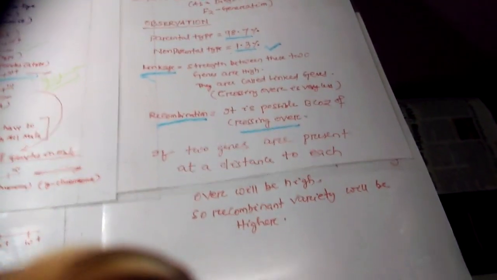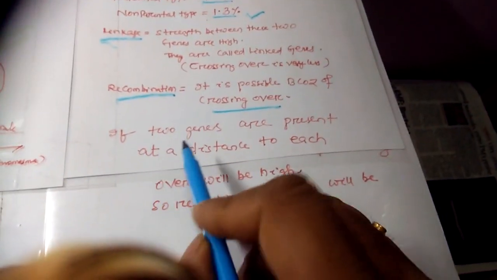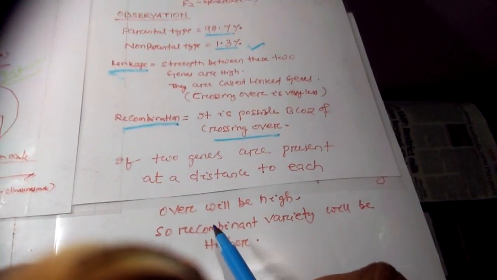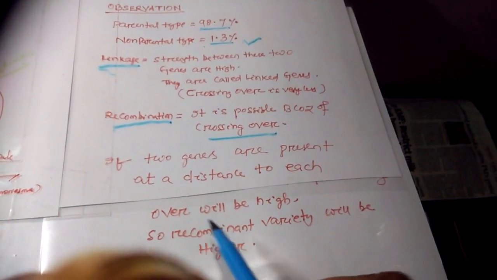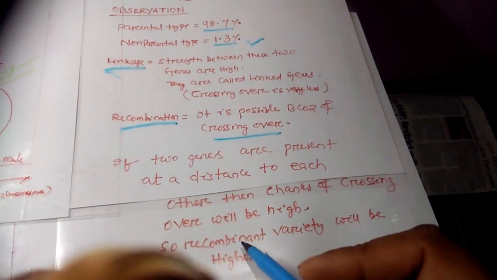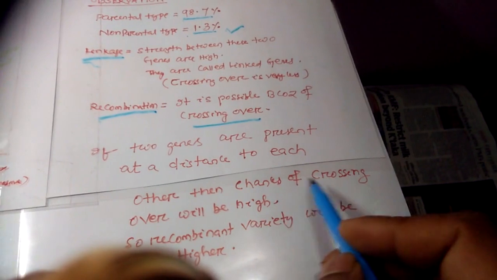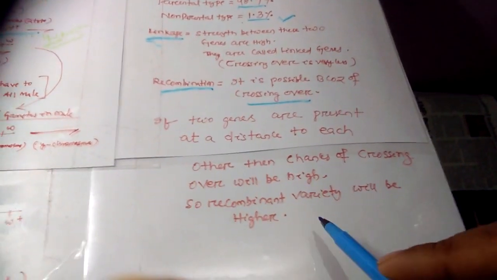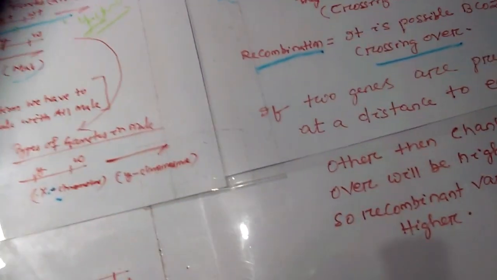So what he finally said is, if two genes are present distant from each other, then the chances of crossing over will be very high, so recombinant varieties will be higher. For example, you see this diagram.